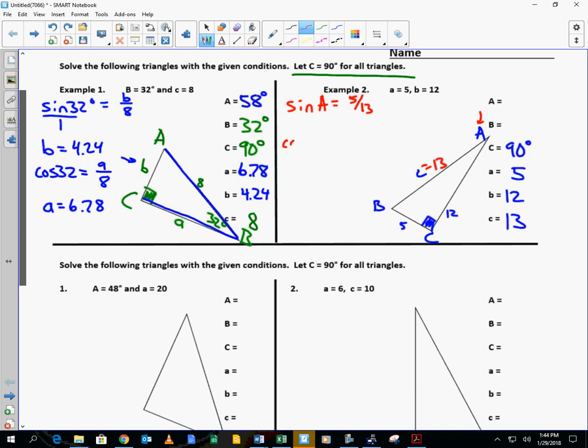You know the cosine of angle A, you could use cosine instead, couldn't you? What would cosine be? Or you could use tangent. You say tangent of A is 5 over 12. Okay, well, we've got 3 options. Doesn't really matter.